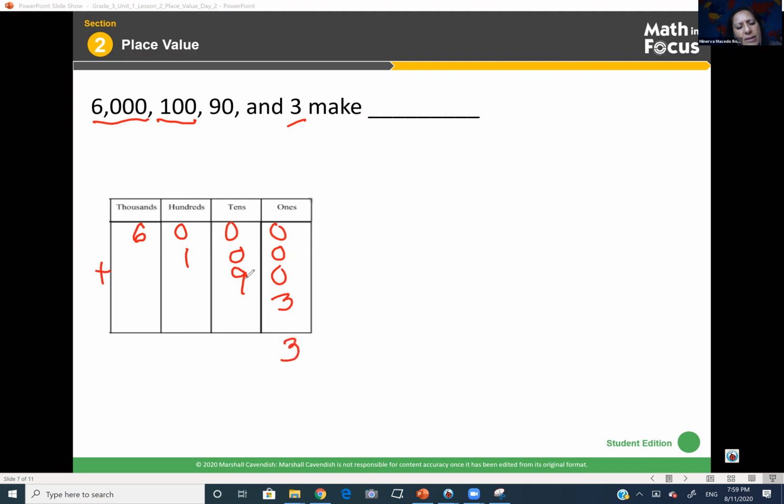This is 3 ones, 9 tens, 100, and 6 thousands. So the answer to my problem is 6,193. If you notice, that's too easy, just do your place value chart. Let's go see the next slide and see how that's going to look.